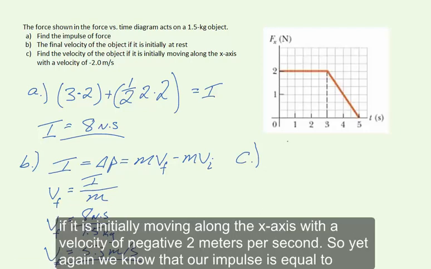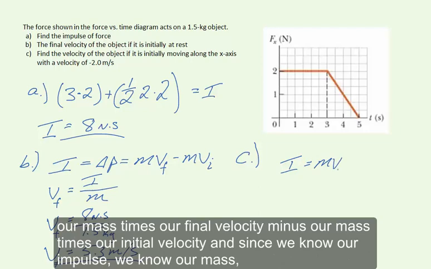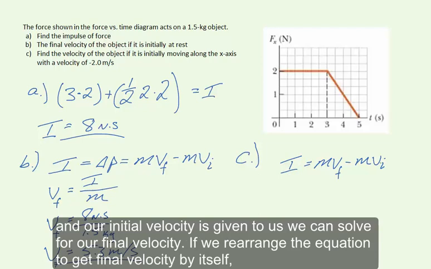Finally, in part C, we're asked, find the velocity of the object if it is initially moving along the x-axis with a velocity of -2 meters per second. So yet again, we know that our impulse is equal to our mass times our final velocity minus our mass times our initial velocity. And since we know our impulse, we know our mass, and our initial velocity is given to us, we can solve for our final velocity.